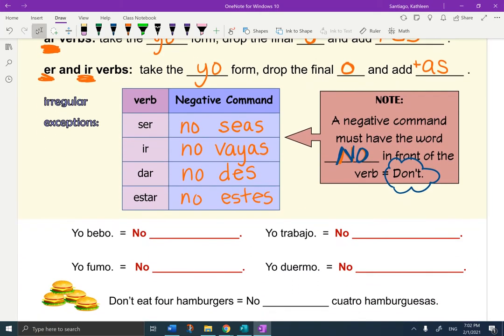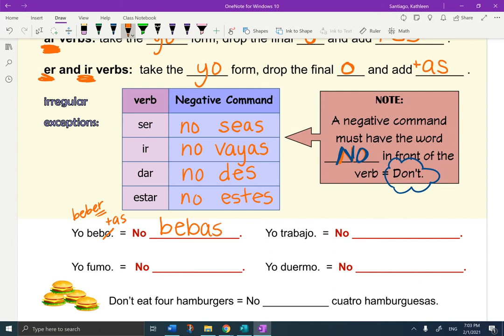So let's practice. If the yo form is bebo, what's the command? Yo form, minus the O, opposite vowel. So the whole verb is beber. Opposite vowel, add AS. Okay, so no bebas.